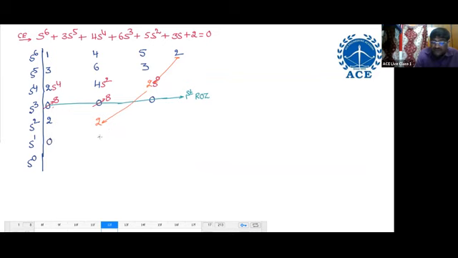Here again 0, so the second row of zeros. Here s square, here s power 0; here 4, here 2, here 2. That's all.